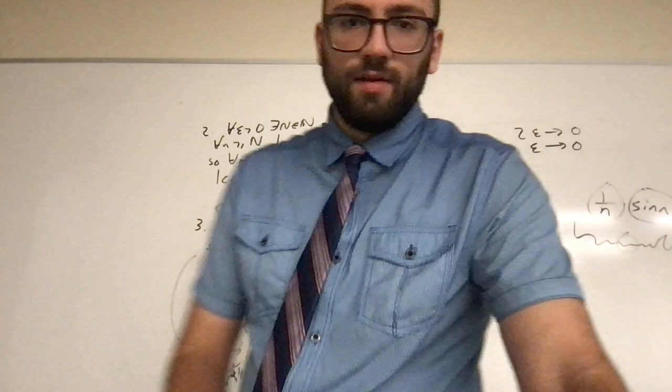Question 4, or part 4, I should say. I'm saying false. It is false. You have a counterexample? xn is 1 over n, yn is n squared. Yep, that's exactly what I got. So just to write the question down, it was xn goes to 0, and yn is greater than 0 for all n.